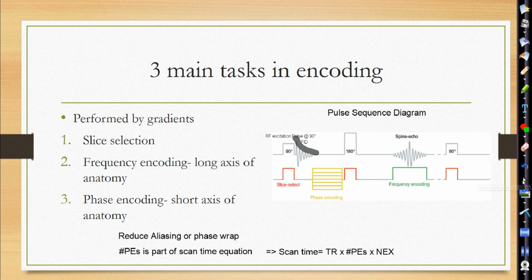Okay. So it's really important to remember that anytime we turn on any type of RF pulse, whether it's our RF excitation pulse or this next one, which we'll cover, an RF rephase pulse, because we're going to be rephasing the spins. And then, once again, down here, we have our next RF excitation pulse.